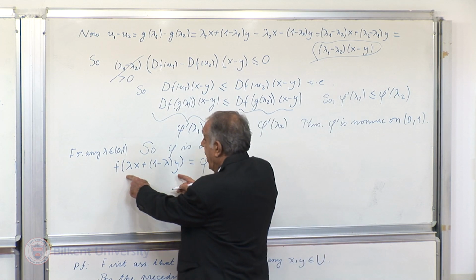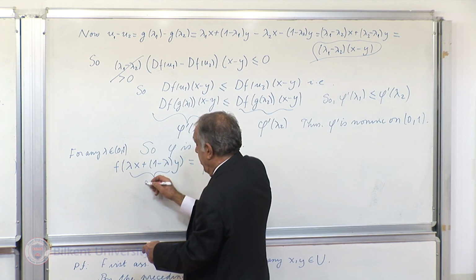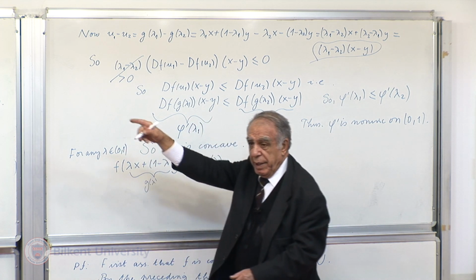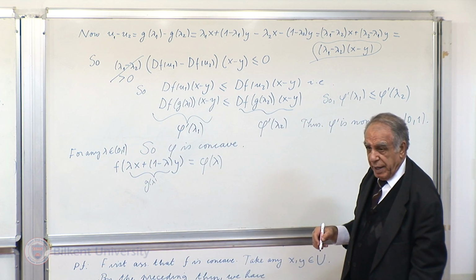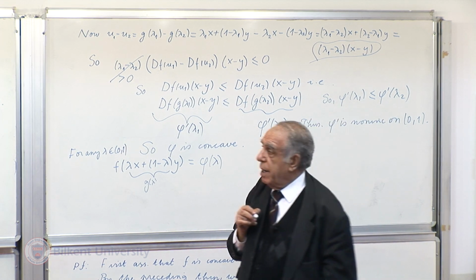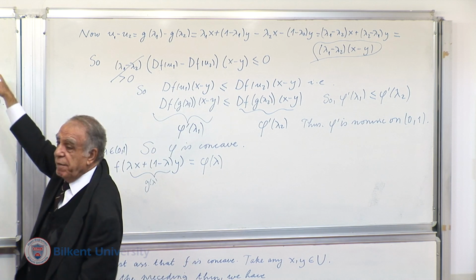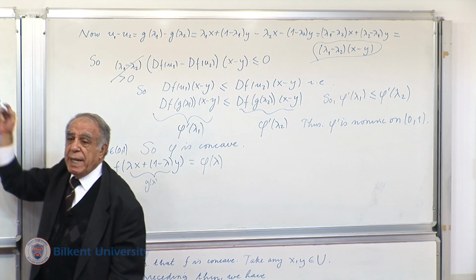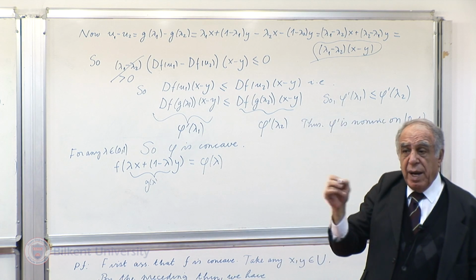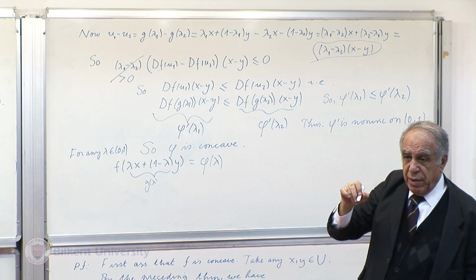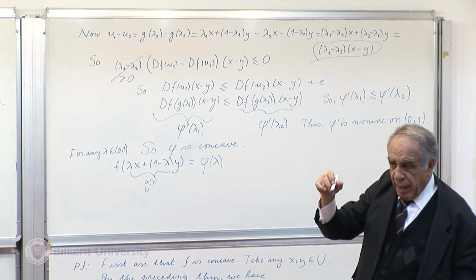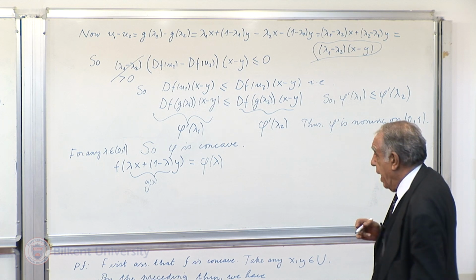This is g of lambda. So this is f of g of lambda, but we refer to that as phi. And I'm interested, if I'm to get f of x and f of y, what happens to this function at 0 and 1? Lambda equals 0 corresponds to y, and lambda equals 1 corresponds to x.